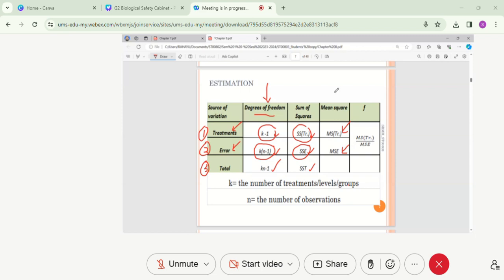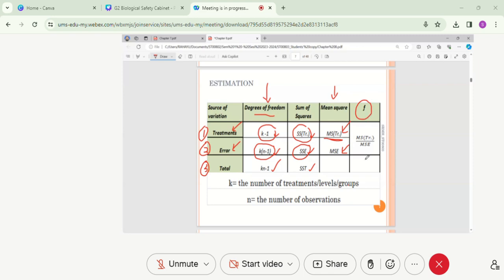And then after you obtain your mean squares, you need to divide the mean square of treatment by the mean square of error to get your F statistic.